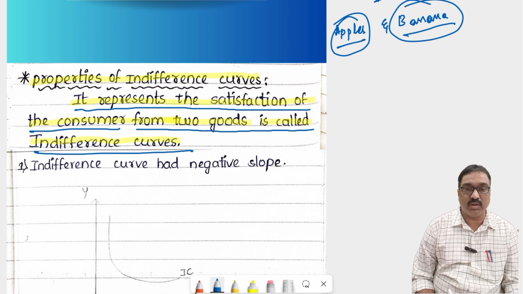That satisfaction level is expressed by the indifference curves.